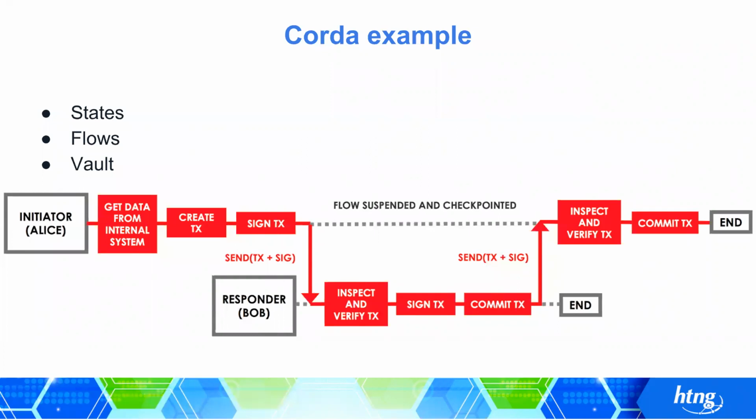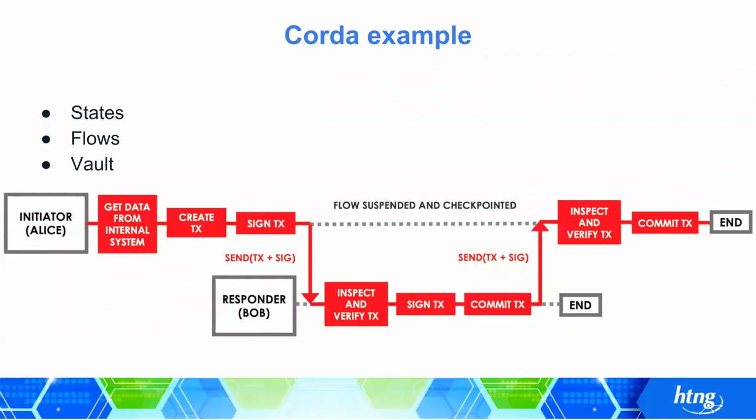And one more example with initiator and responder. In this case, we can see Alice, who gets data from the internal system, creates a transaction and signs it on her own side, and after that sends this transaction to the responder.